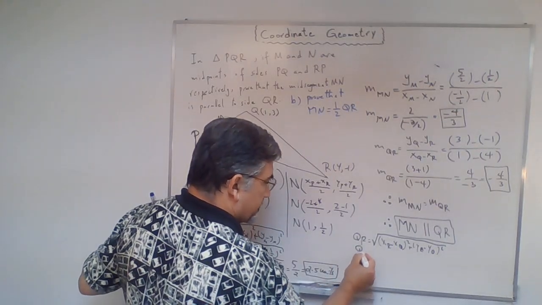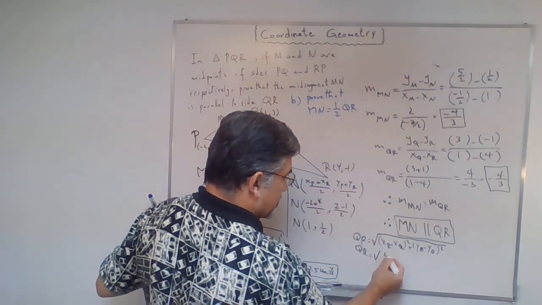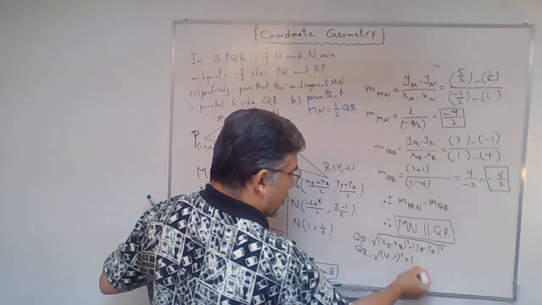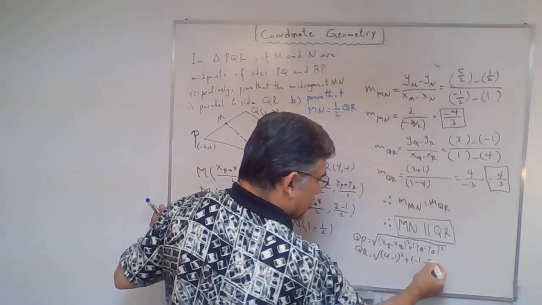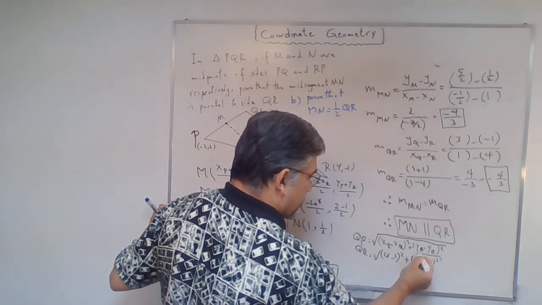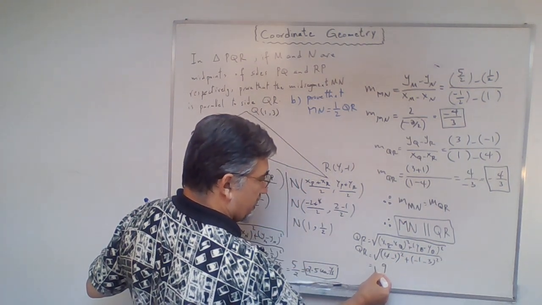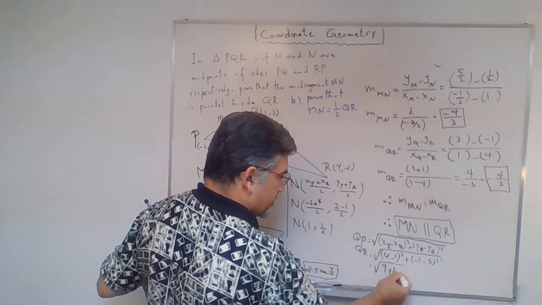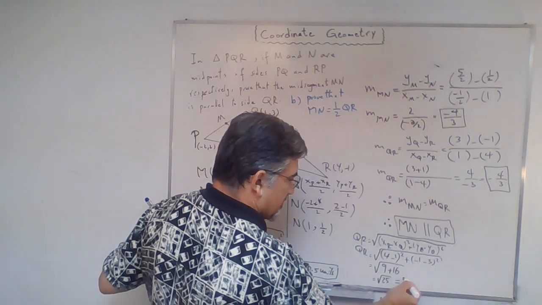So QR equals x of r. X of r is 4, x of q is 1, so subtract it, square it. Y of r is -1, y of q is 3, subtract, and then this is going to be 3 squared, which is 9. That's going to be -4 all squared, which is 16. So when you add them up, it's going to be square root of 25, which is 5.